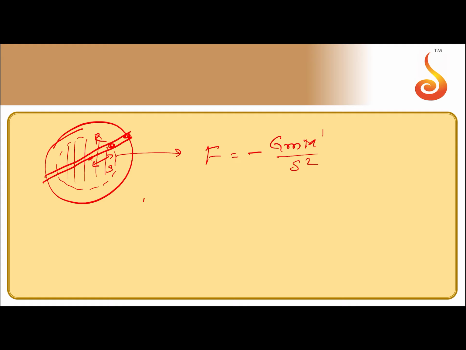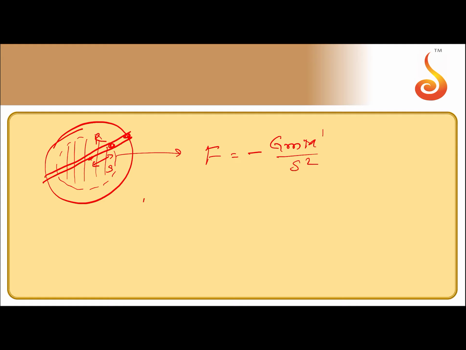What is that m dash equal to? 4 by 3 and 4 by 3 cancel, and we are left with 1 by 8. So we have m dash is equal to 8 s cube divided by d cube into m.